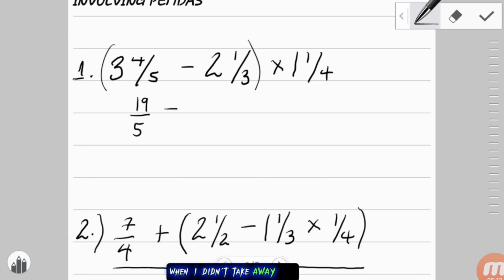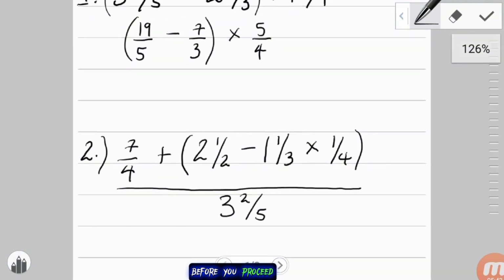We're going to then take away 3 times 2 is 6. 6 plus 1 is 7 over 3. Multiply then by 4 times 1 is 4, plus 1 is 5 over 4. I do recommend that you do all your conversions before you proceed.